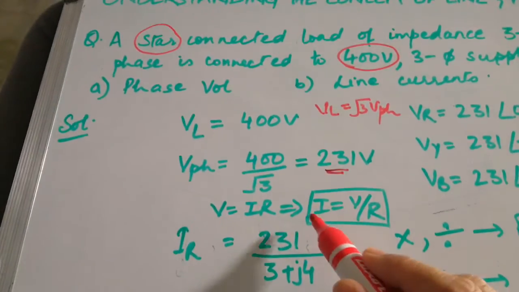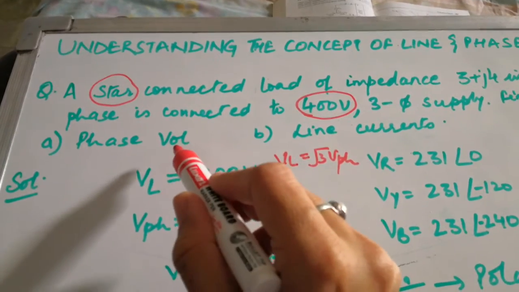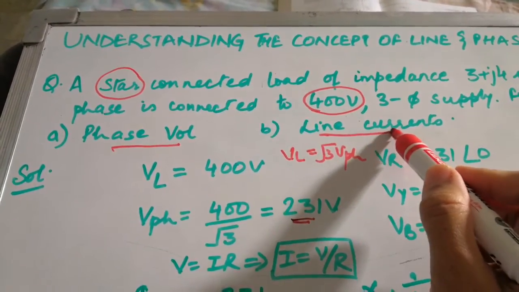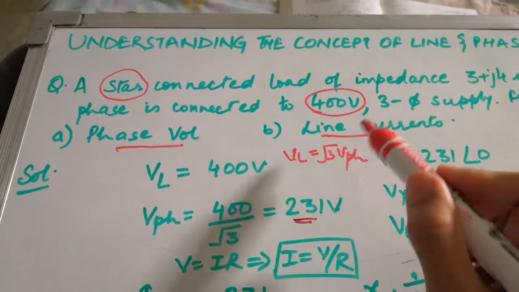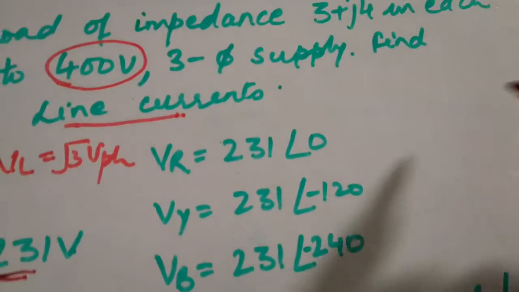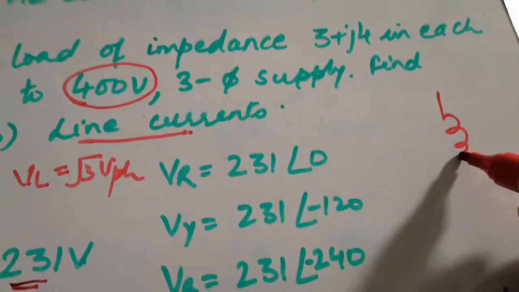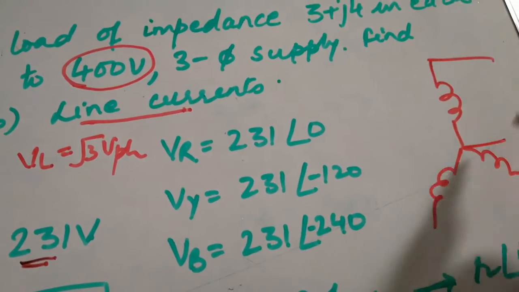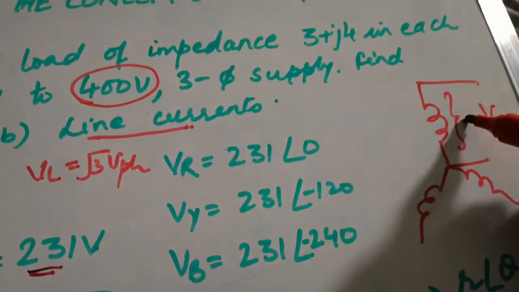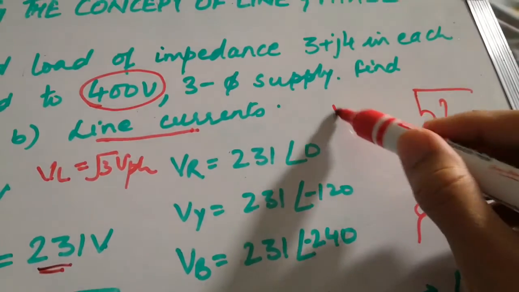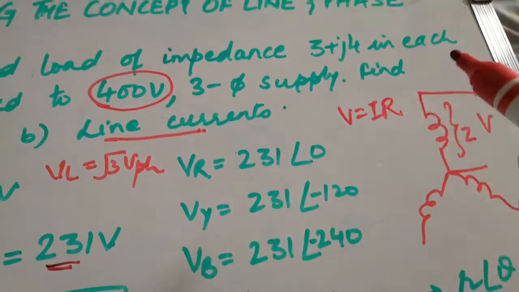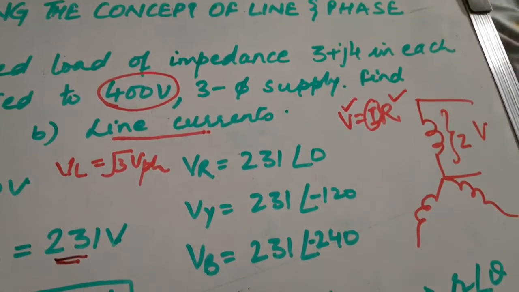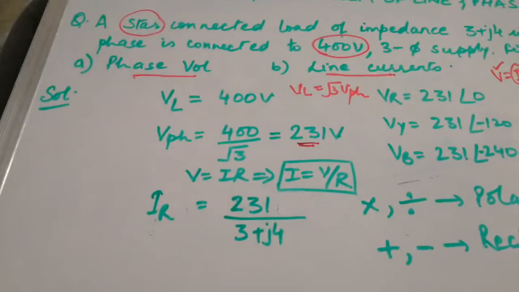We have calculated our phase voltages. Now we have to calculate our line currents, but for that we should first calculate our phase currents. How? We have this star system. We know the voltage here and we know the impedance here. From Ohm's law, V equals IR, so if we know these, we can find the phase currents.